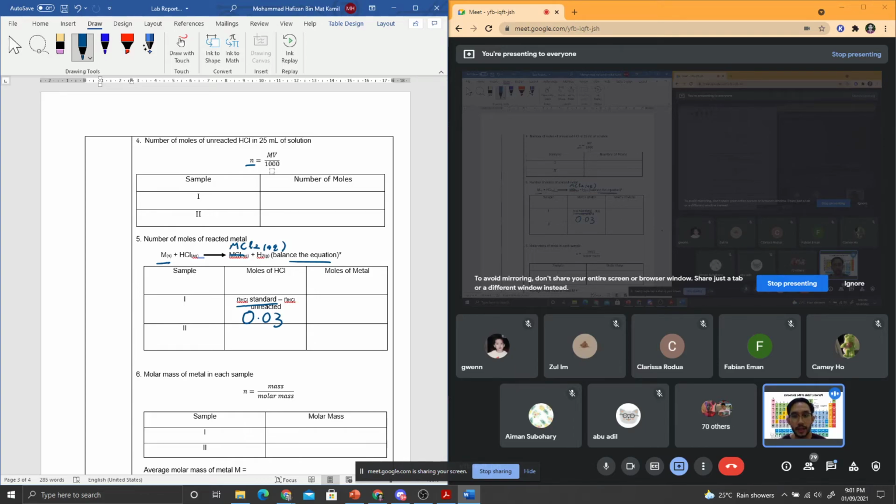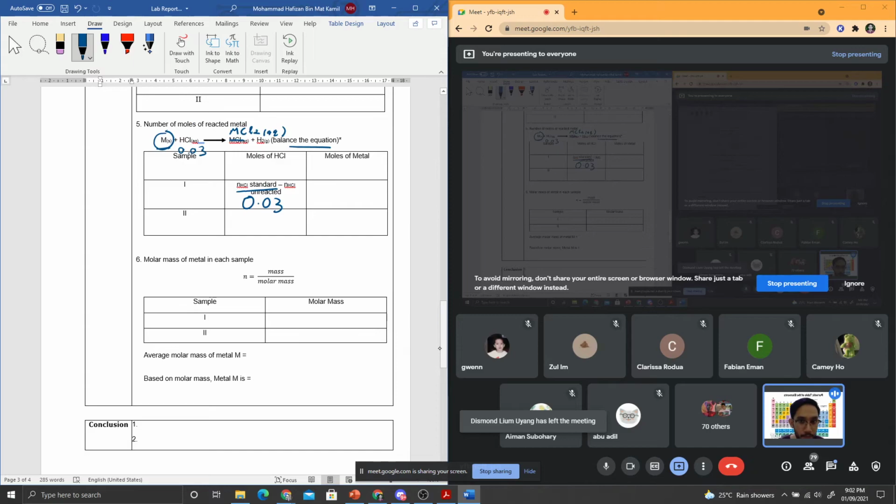So kalau HCl is 0.03, berapa moles of metal yang reacted? Okay, so you dapat the moles of metal yang reacted. So balancekan dulu, and then you tengok berapa banyak moles yang reacted. You dah dapat moles of metal.